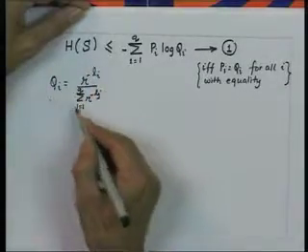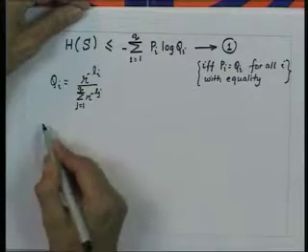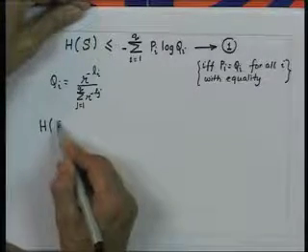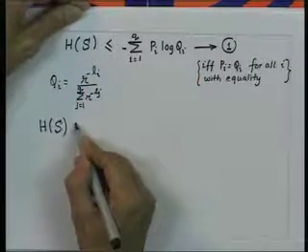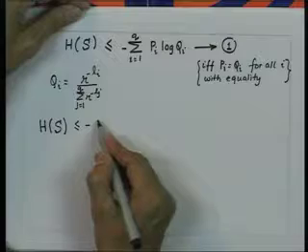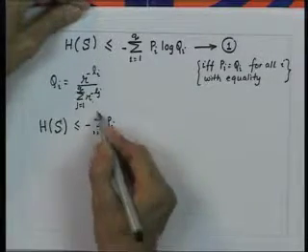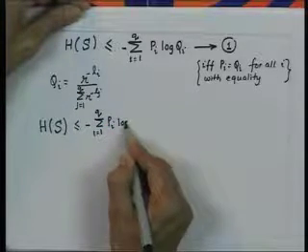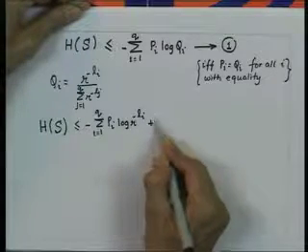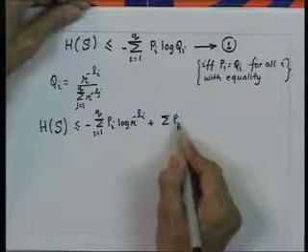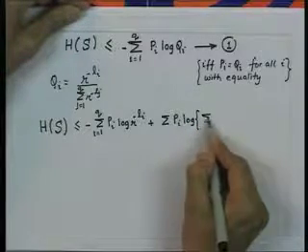If we choose our non-negative Qi as given by this expression, then we can write Hs, this equation number 1, as less than or equal to minus summation of Pi log of r to the power minus Li, plus summation of Pi log of the summation of r to the power minus Lj.